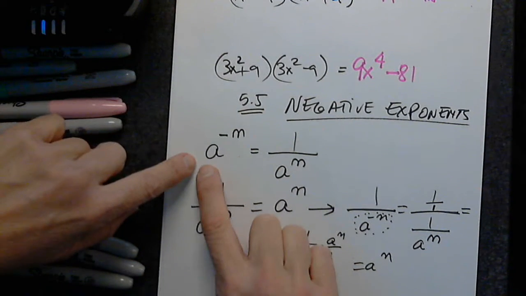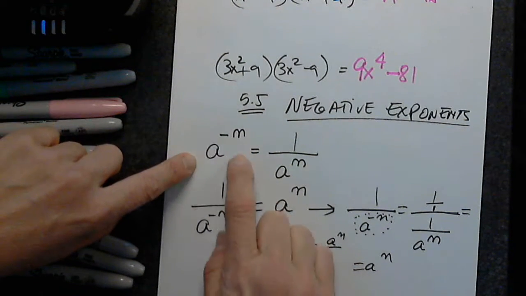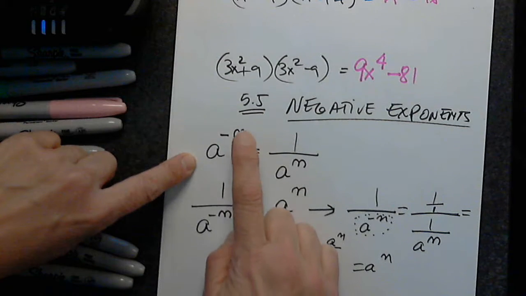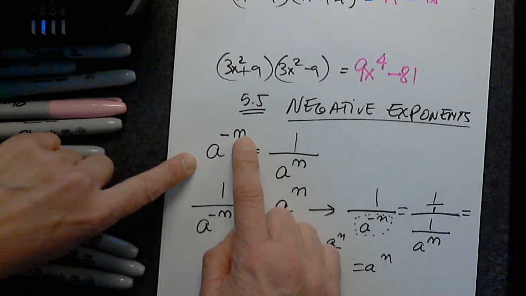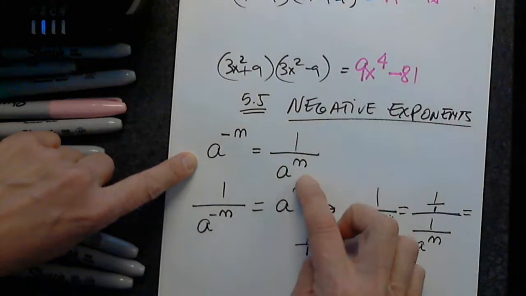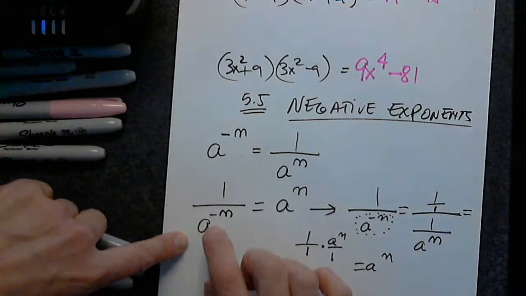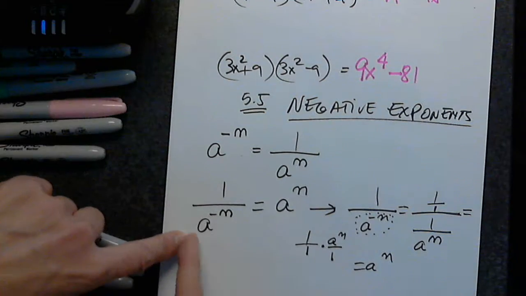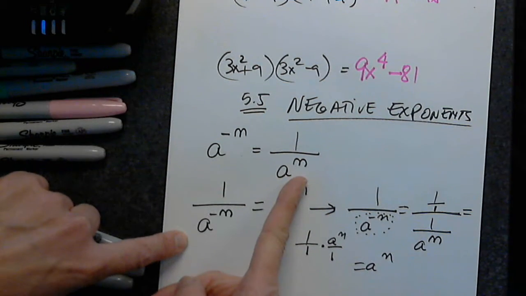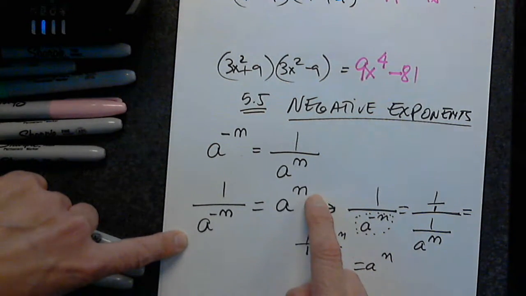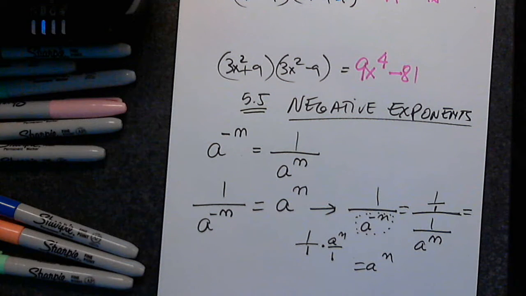So if I have a to negative n, any quantity raised to a negative exponent, I can write it as 1 over a to the n. If the quantity with a negative exponent is in the denominator, I can move it up with a positive exponent. So if it's at the top with negative exponent, it goes to the bottom with positive.